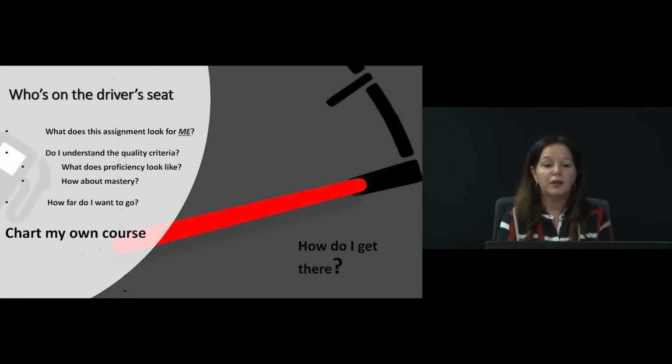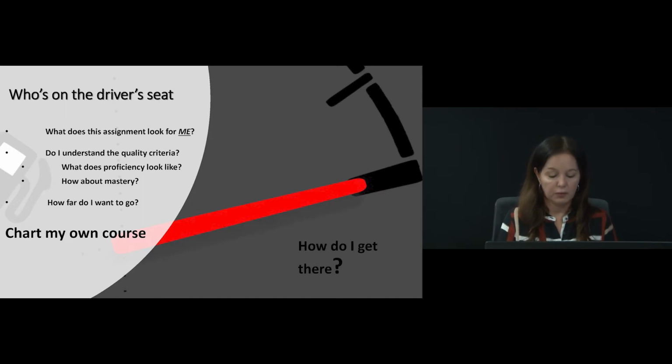Alrighty, so the other idea, which will come in the second part of the presentation, is that we want our students to be in the driver's seat. We want them to be engaged in setting up the course of what they're going to be doing. We want them to engage in all these decisions, and we want them to know how far they can go. And we want them to know they have that choice.